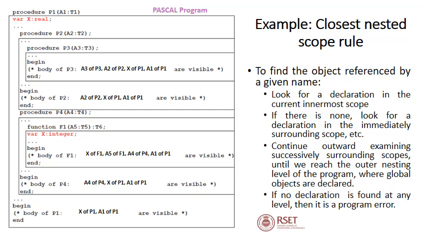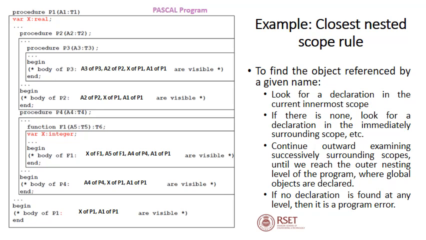Now let's discuss the concept of nested subroutines and the closest nested scope rule with an example Pascal program. In computer programming, a nested function or subroutine is a function which is defined within another function. The outer function is called the enclosing function and the inner function is called the nested function.